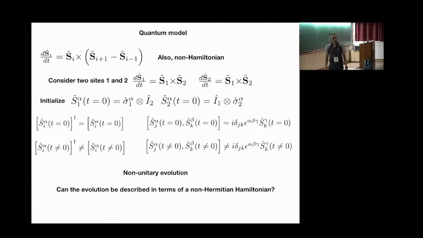And so you can ask whether there is any quantum mechanical framework in which you can actually derive this sort of equation of motion. And one possibility is, and I'm only mentioning this at the level of a possibility because we haven't explored this much beyond this, the fact that it's non-unitary evolution might indicate that there is a non-Hermitian Hamiltonian from which one could perhaps derive these equations of motion for these operators.